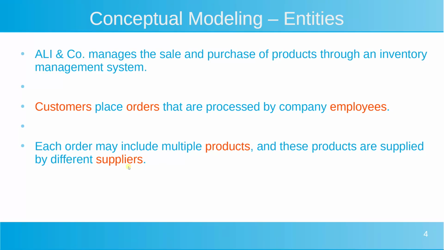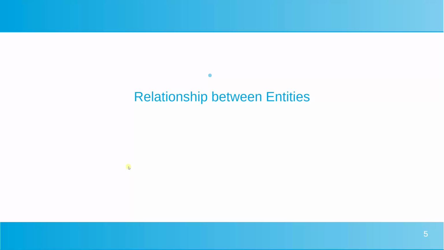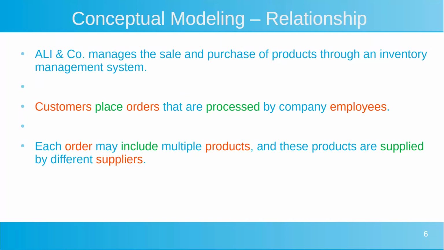Then the next step is how these entities are related to each other, what kind of relationship exists between them. If you want to know in detail about relationships and their types, you can check the channel for further videos as well. Now let's identify the relationships. A relationship will be a verb describing the connection between the entities.